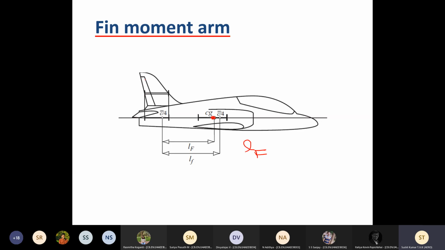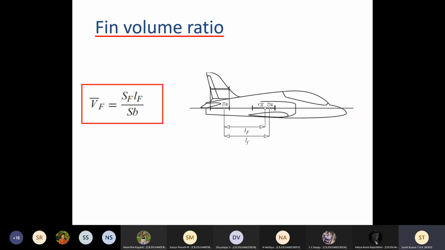Consider that this is a wing that has a chord varying with the geometry. It's not a perfect rectangle. So you take the quarter chord of that point, find the CG of the aircraft, and whatever the distance is becomes l subscript F. Similar to the tail volume ratio, you have the fin volume ratio also.